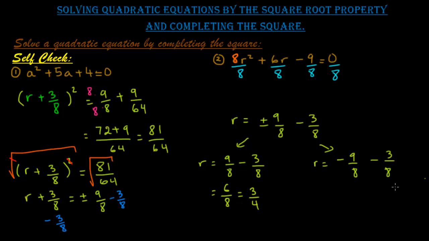So 3/4 is the first solution. The second is negative 9/8 minus 3/8, which gives me negative 12/8. If I reduce this by 4, that gives me negative 3 over 2. That is our answer: the first one is 3/4, and the second one is negative 3/2.